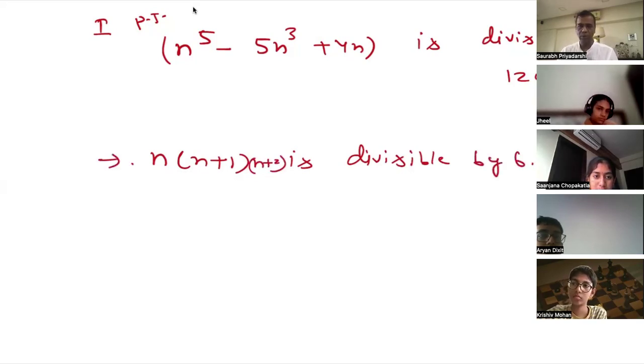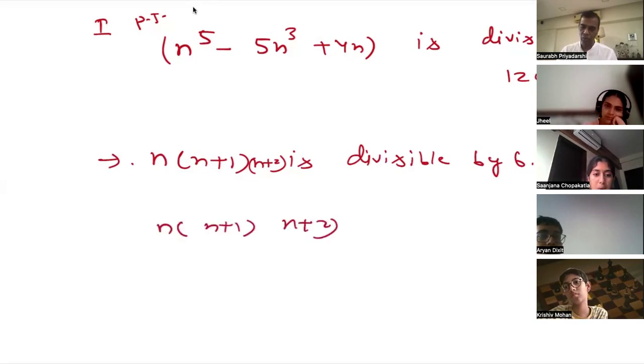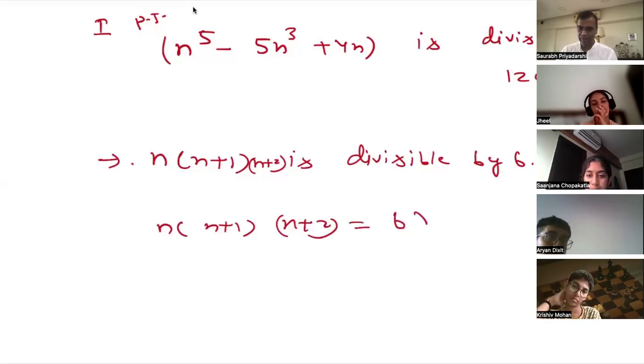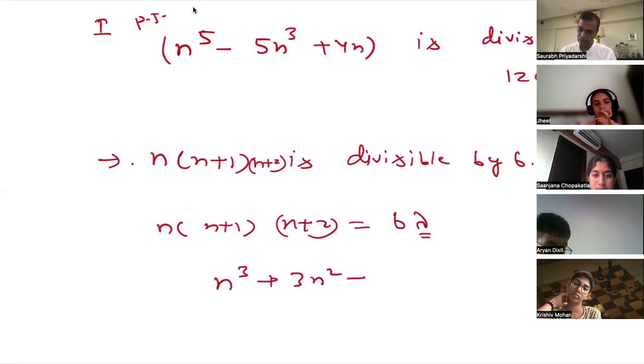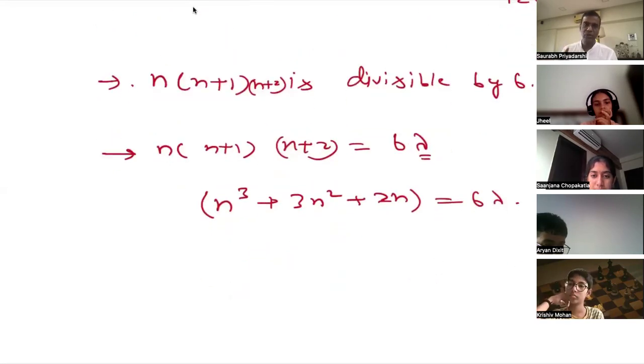So let's suppose we are assuming that n into n plus 1 into n plus 2 is divisible by 6. So I can say this is 6 lambda, where lambda is an integer. From this I can say n cube plus 3n square plus 2n is equal to 6 lambda. Now if this is true for n, we check for n plus 1.